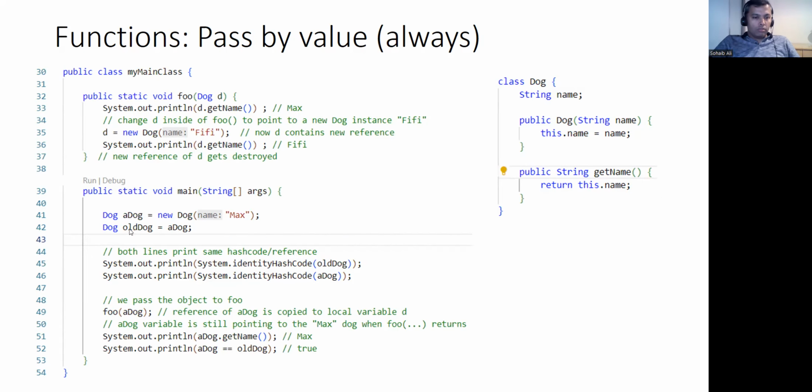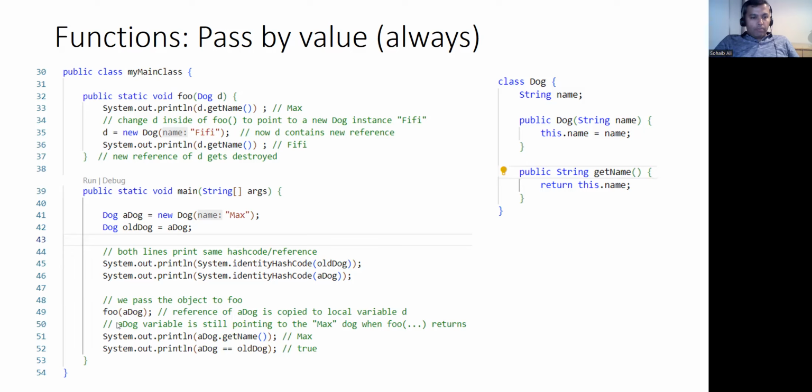We are saying, create a second dog instance, and both of these dog instances, oldDog and aDog, will point to the same object that exists in the heap, which has a name of Max. If you see, both of these objects will have the same hash code.